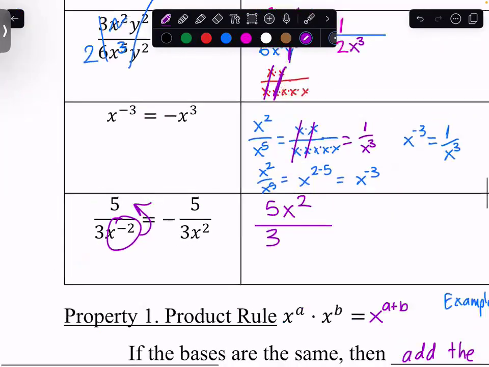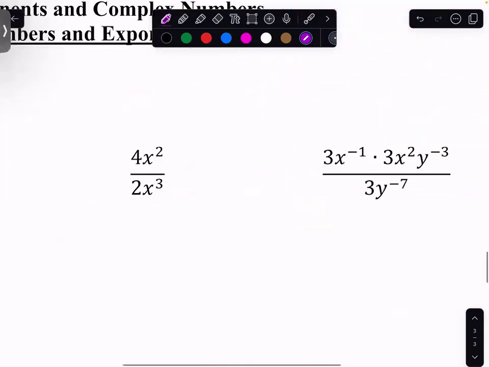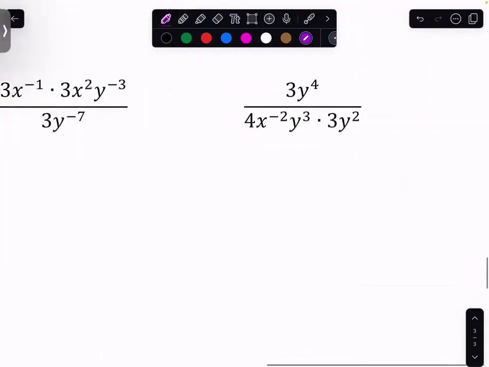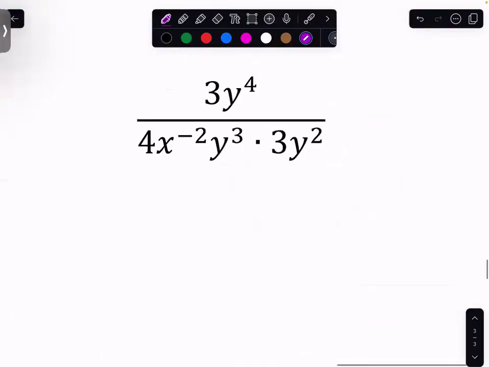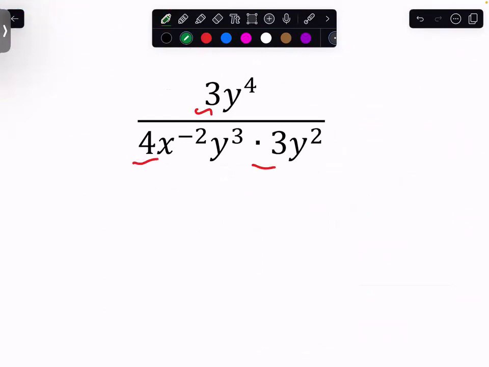Okay, so now let's go back to the third page. And again, we'll do the top right problem. Okay, so there's a lot of stuff going on, right? There's numbers, there's x, there's only one x actually, but then there's like 3 different y's. Okay, so the good news is you can just treat each part separately. So first, ignore all the x's, ignore all the y's, and just focus on the regular numbers.